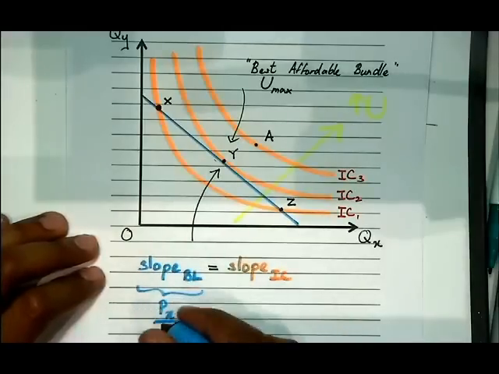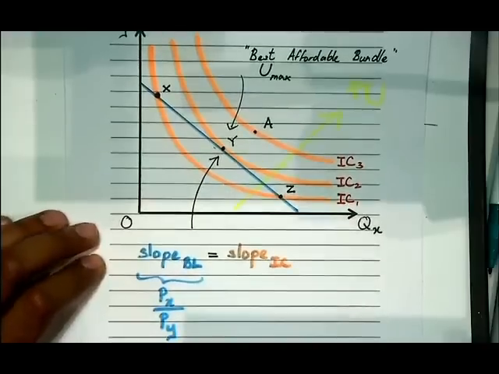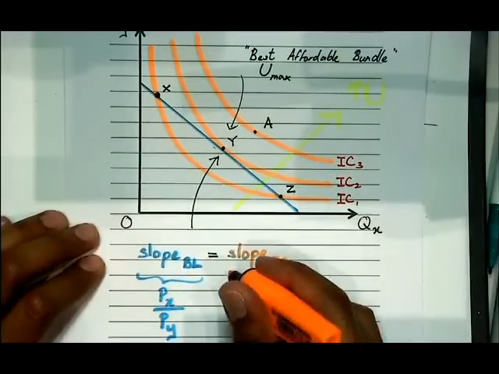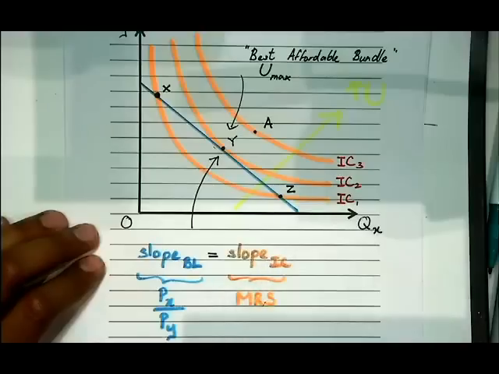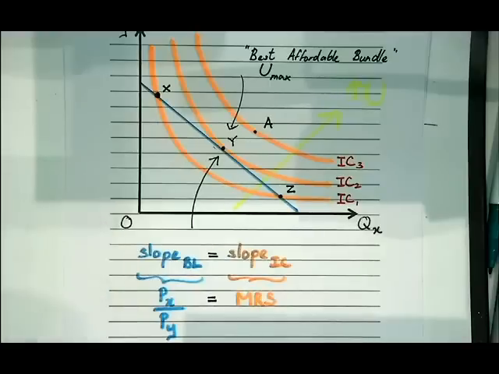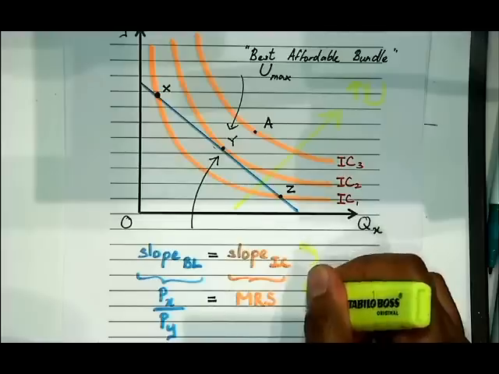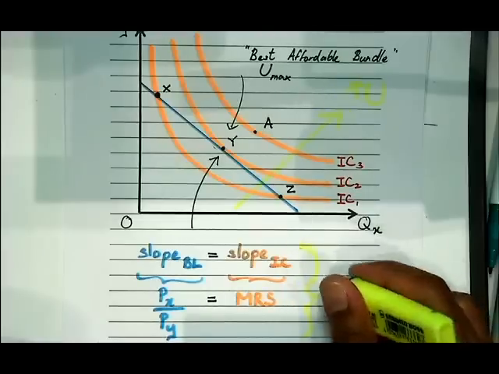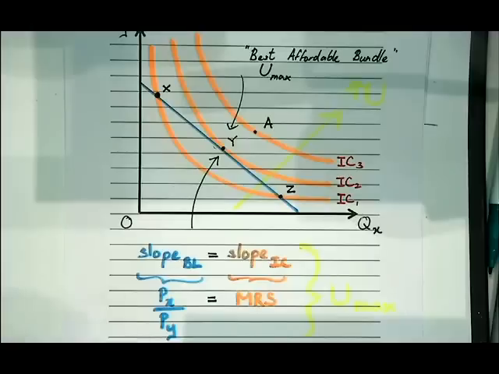The relative price, Px over Py. What do we call the slope of an indifference curve? The marginal rate of substitution. At the utility maximizing bundle, the two are equal. You need to know this, which is the utility maximizing rule.